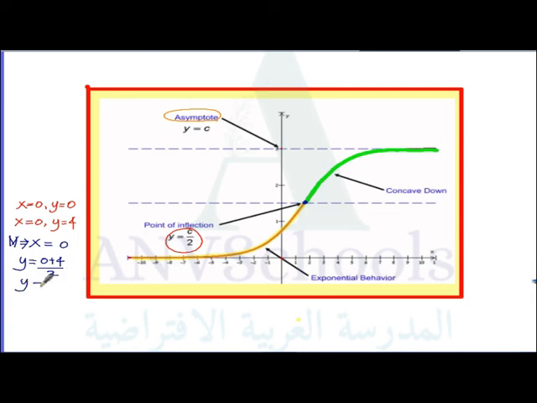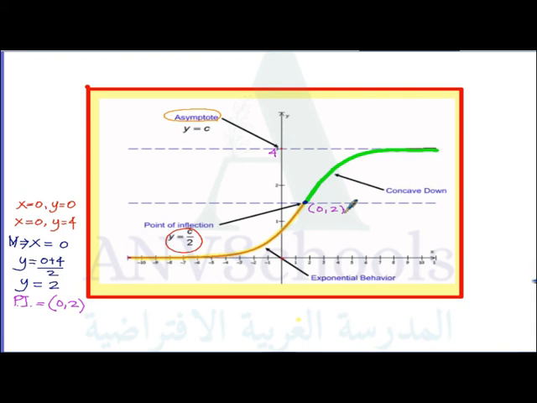So y is equal to 2. Therefore, the point of inflection, our PI, will be located at the point 0, 2. So this point, if this is 4, will be 0, 2.